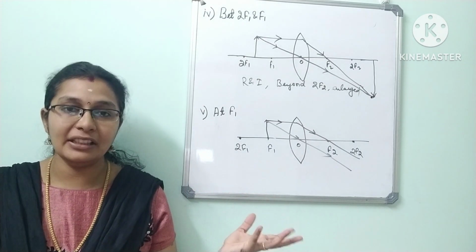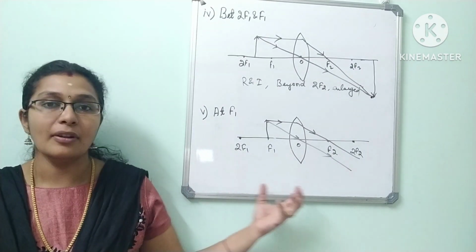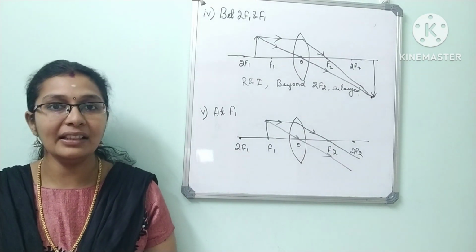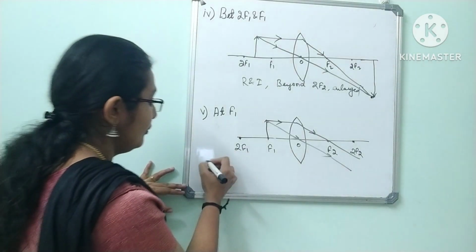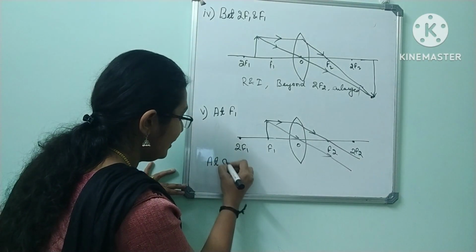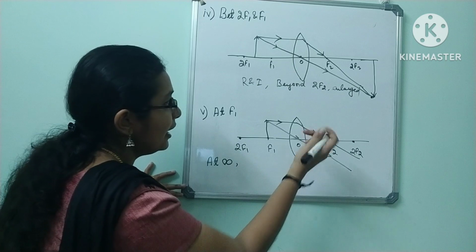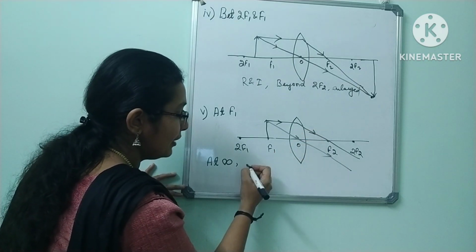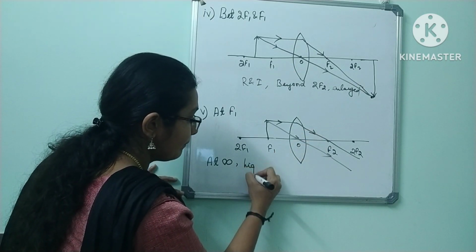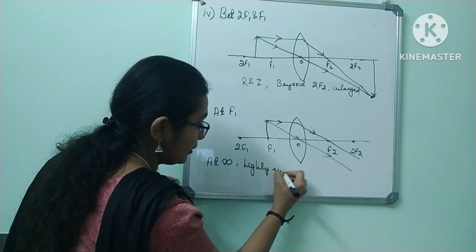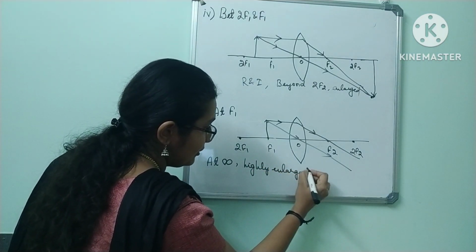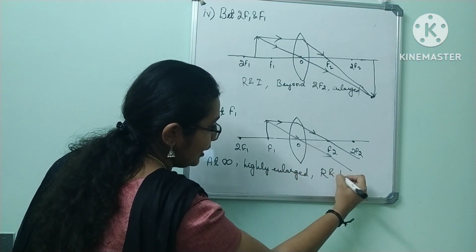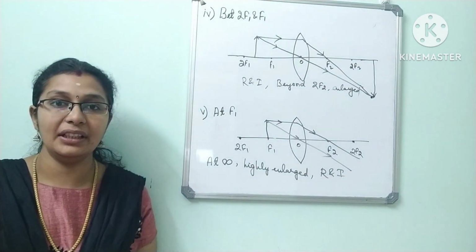So we will assume the lines meet at infinity. Where will the image be found? At infinity. And what kind of image will you get? Highly enlarged, and here also it is observed to be real and inverted.